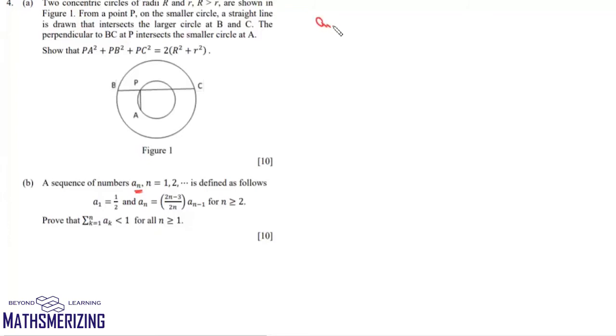So we can write this an as (2n minus 3) upon 2n. Now an minus 1 will be (2n minus 5) upon (2n minus 1). The next one will be (2n minus 7) upon (2n minus 2), and we continue up to a1, which is 1 by 2.